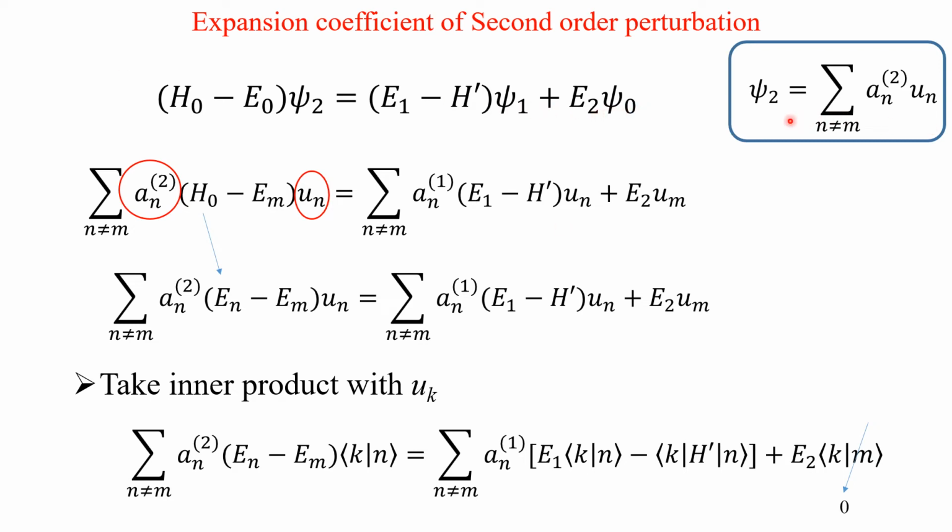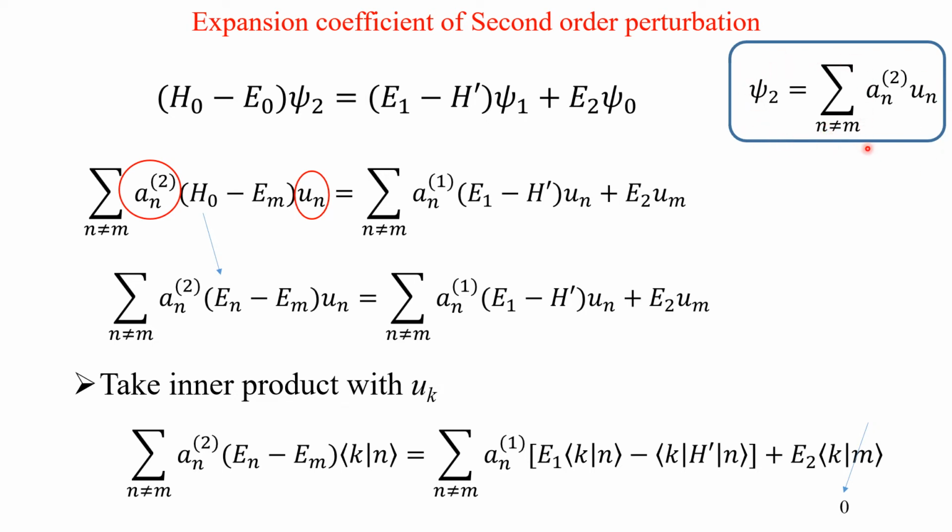Now, psi 2 can be written in the expansion form, summation over n of an of 2. Remember that in the case of first order perturbation, we mentioned this as an of 1. Here it is a second order correction, so we are using an of 2 into un, when n is not equal to m.